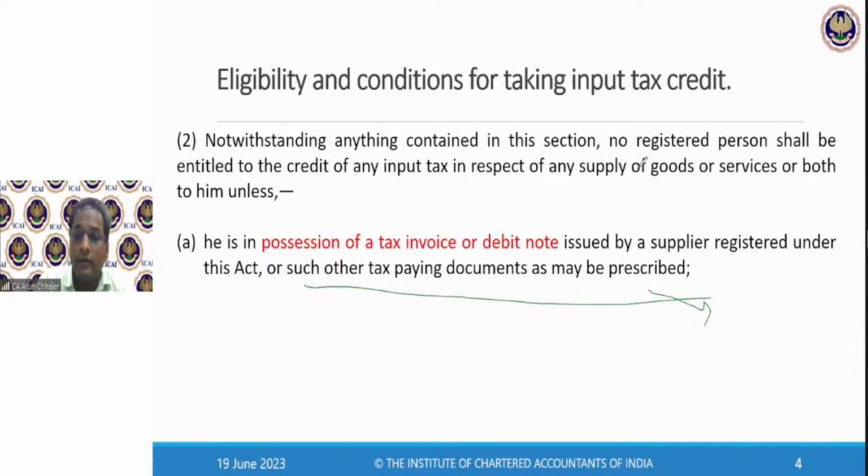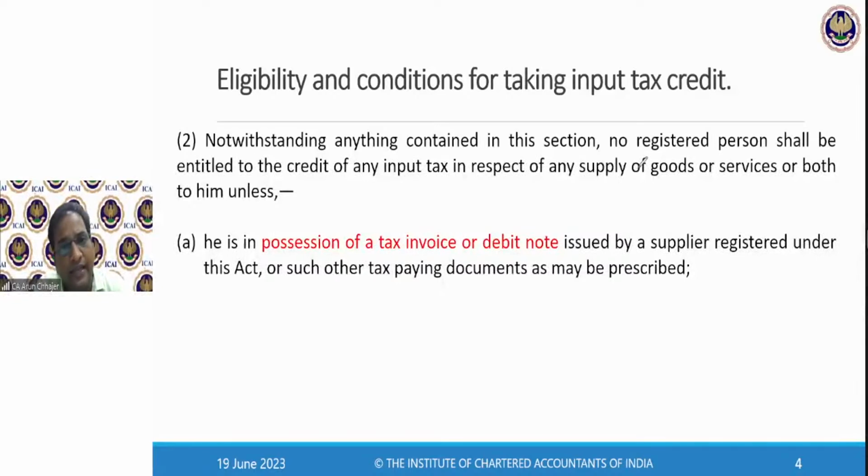Now, Kesav, you have asked one question, what is the question? Wrongly filed GSTR1, that was the question, right? What if Mr. A falsely showed a supply in the GSTR1?